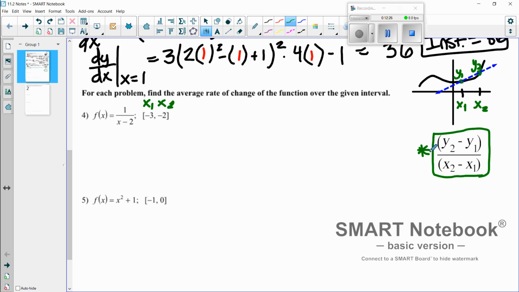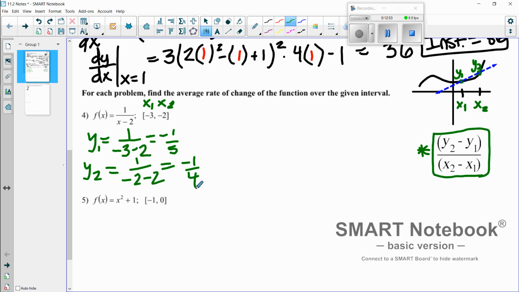So y is going to now equal 1 over -3 minus 2. Well, that's -1/5. Okay, so there's y1. We have y1. And then let's get y2. Well, that's just going to be 1 over -2 minus 2, which is -1/4.